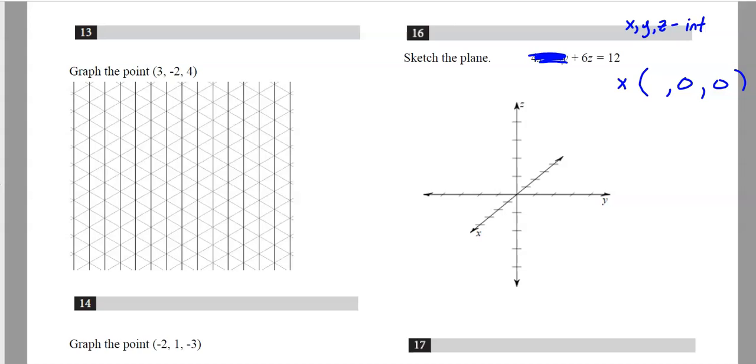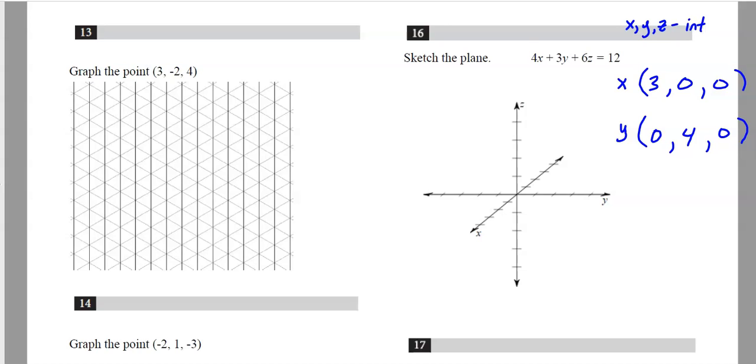Oh, excuse me. I'm trying to find x. So I'm going to put zeros in for y and z. So 4 times 3 is 12. So there's that one. Now if I want to find the y-intercept, where you cross the y-axis, I put 0 in for the other two. So I put a 0 in for x, a 0 in for z, and 3 times 4 equals 12.